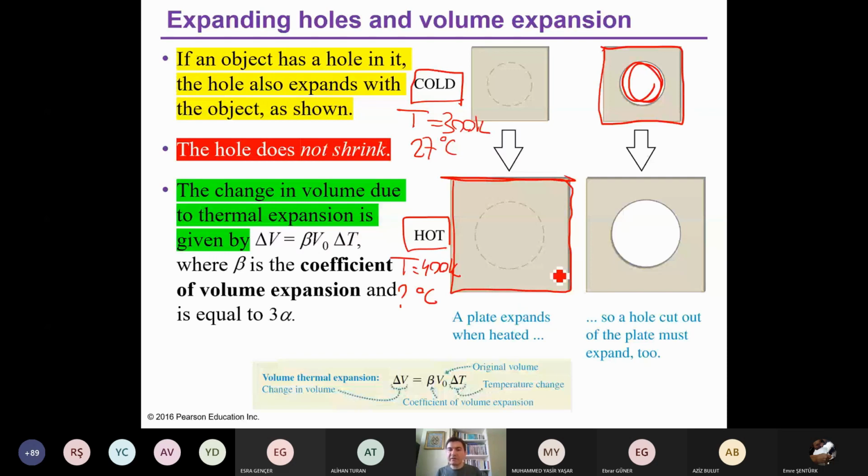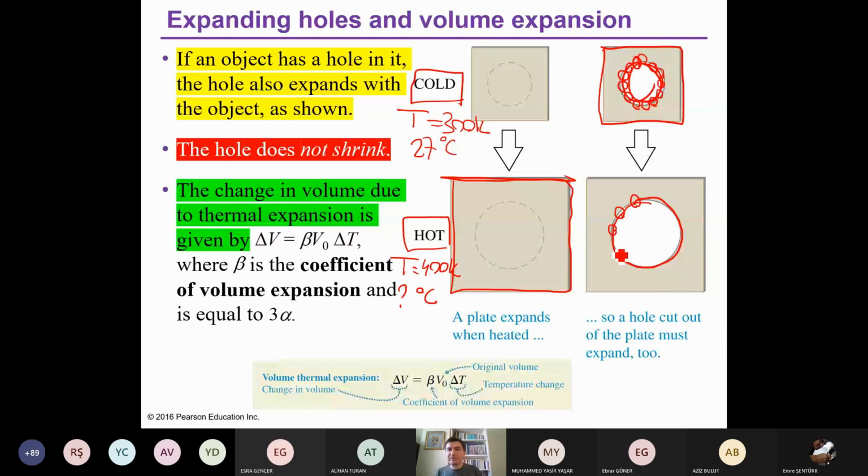Sometimes students think that this hole will be smaller after thermal expansion, but this is not correct. The hole will also expand. Now we will have a bigger hole within the material after thermal expansion, because just consider that here we have atoms, and after heating, the average distance between atoms increases.